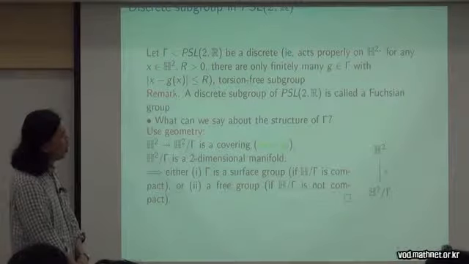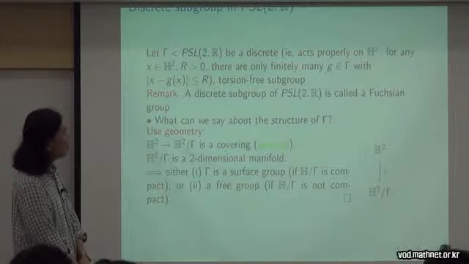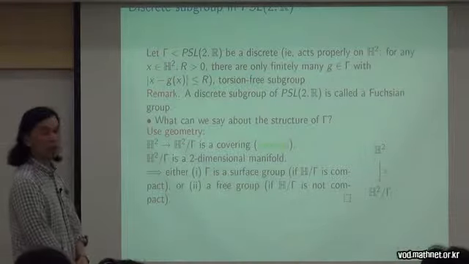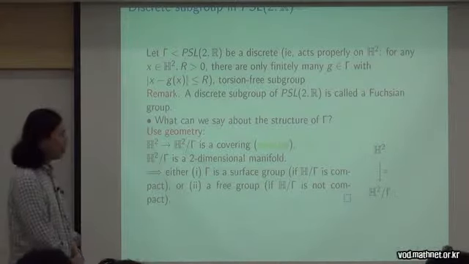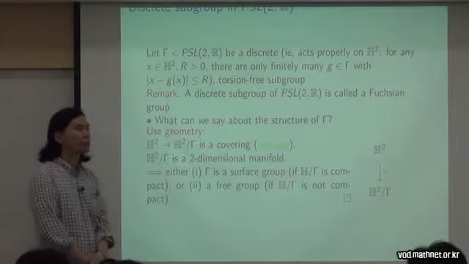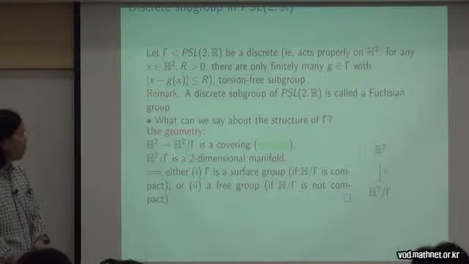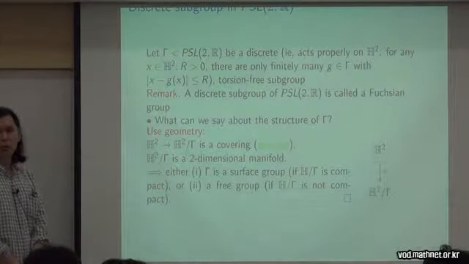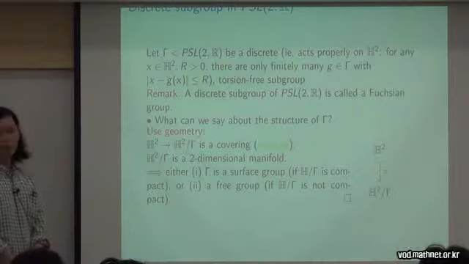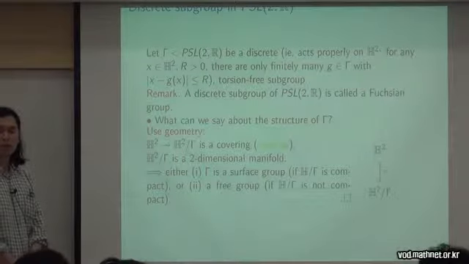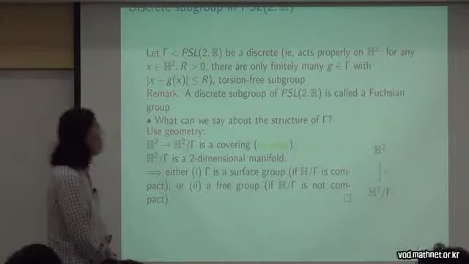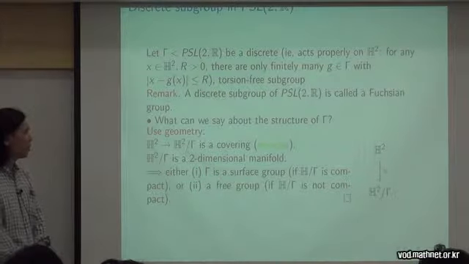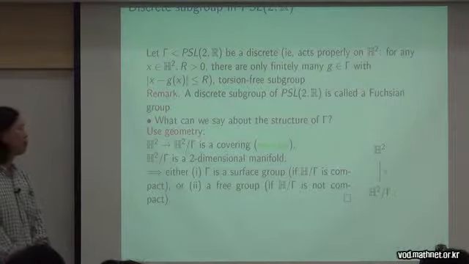Since PSL2R acts on the hyperbolic plane, I can go to the quotient space H2 over gamma. But now I use that gamma is discrete and torsion free. Actually, this quotient map is a covering map in the usual sense. So this is another exercise, to show that this quotient map is a covering map.